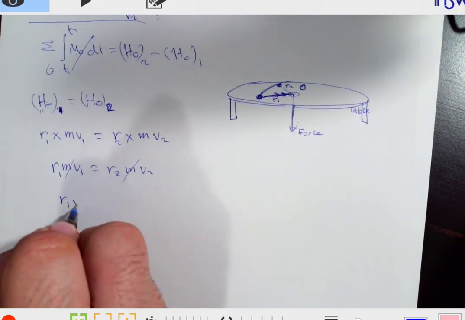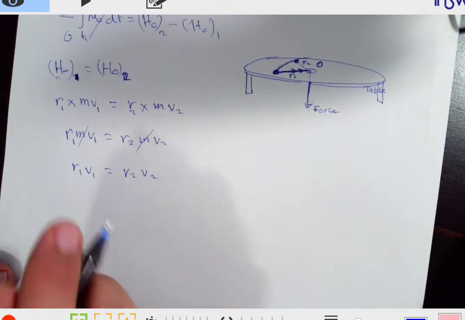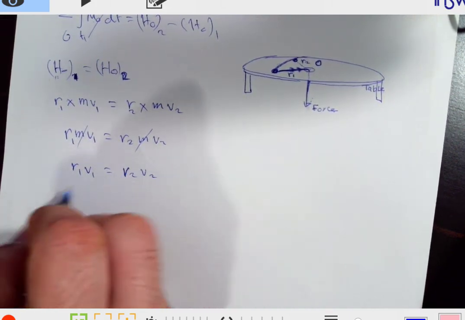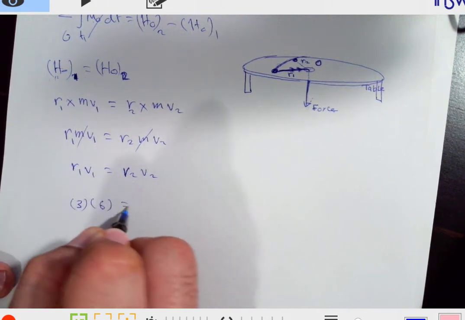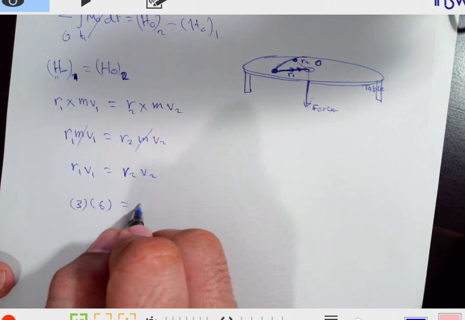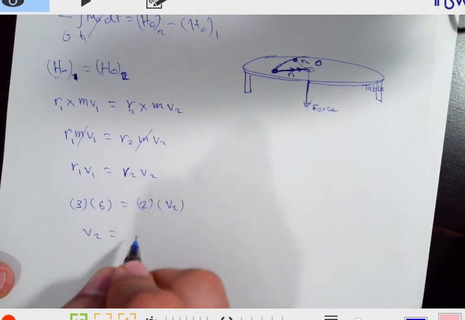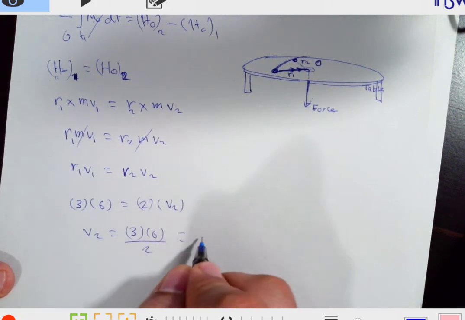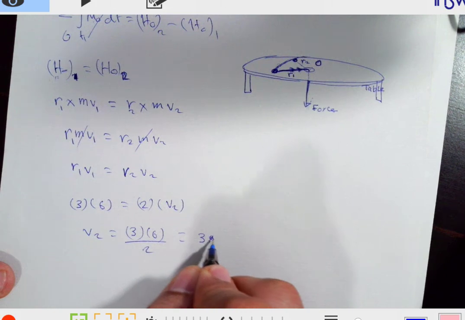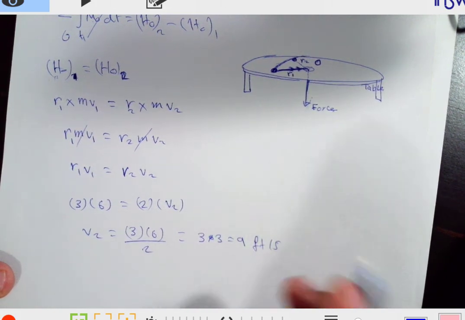So r1 v1 equals r2 v2. Alright, so which means 3 multiplied by 6 is equal to 2 multiplied by the unknown, so v2 is equal to 3 by 6 over 2. That's going to be 3 by 3, equal to 9 feet per second.